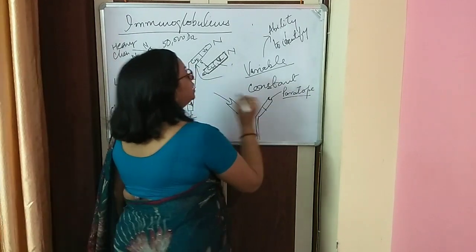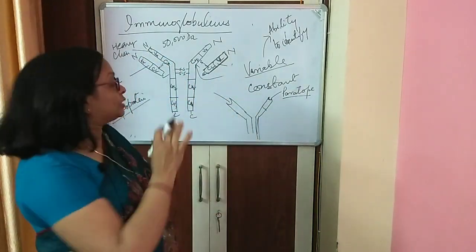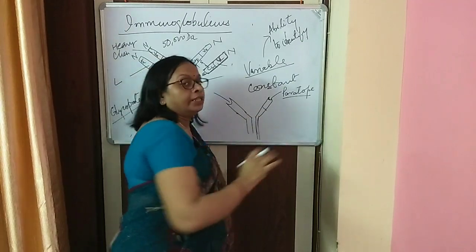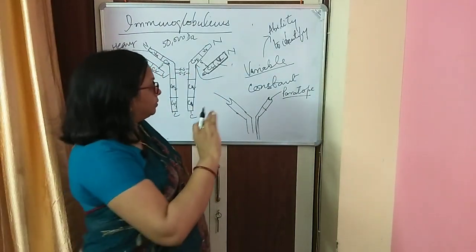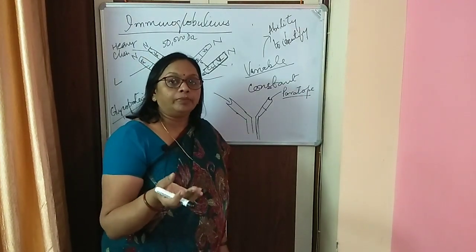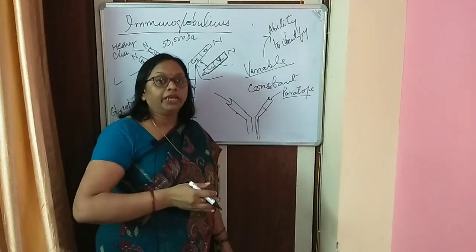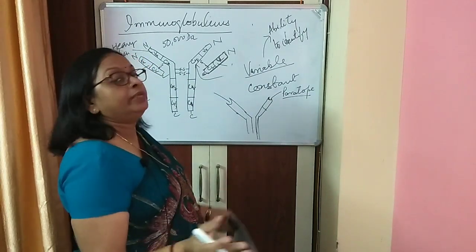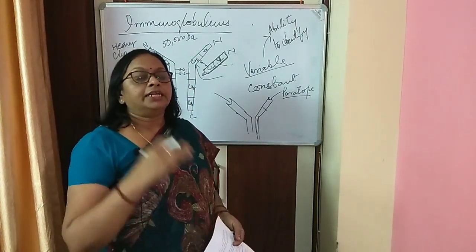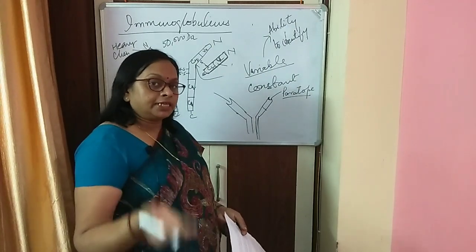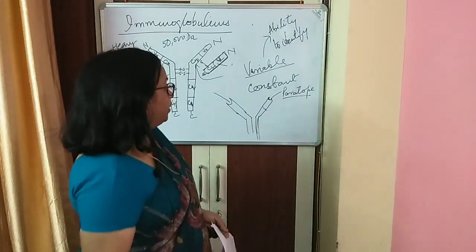The amino acid sequences present in the variable region are highly flexible. They can cross link to the type of antigen which is being encountered. After all the mechanisms of antigen recognition by antigen presenting cells, the T cell interacts and stimulates the B lymphocyte for antibody production.